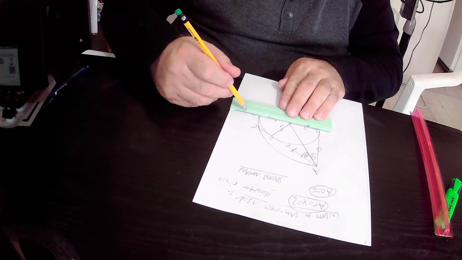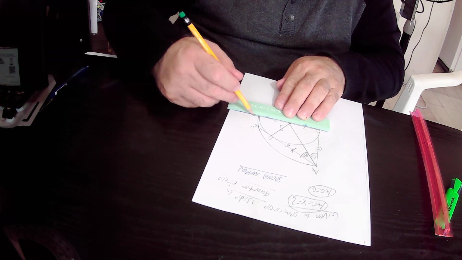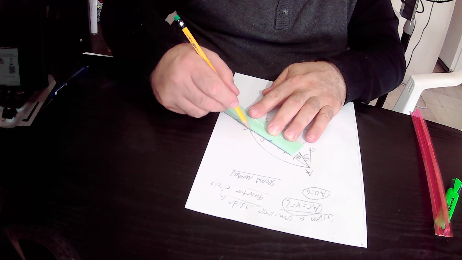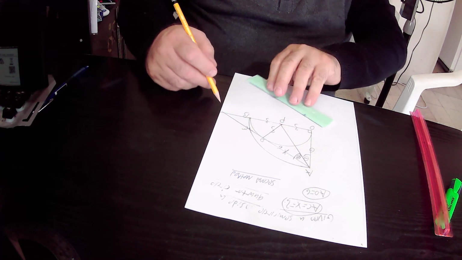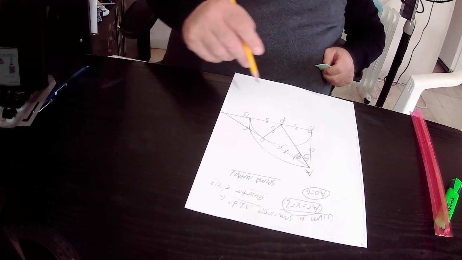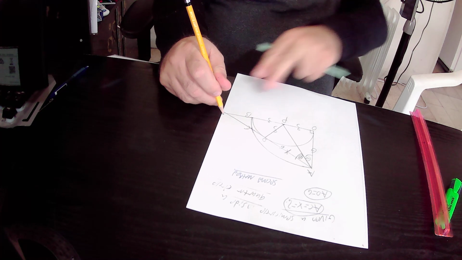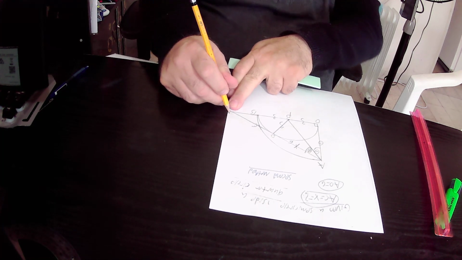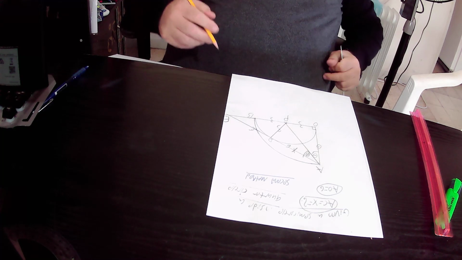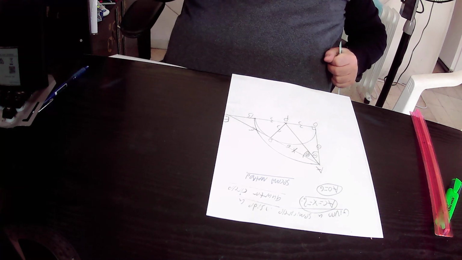Okay, here. And we will define the intersection point of the extended side OB and the extended side AC as E. Actually, we created here right triangle AOE.